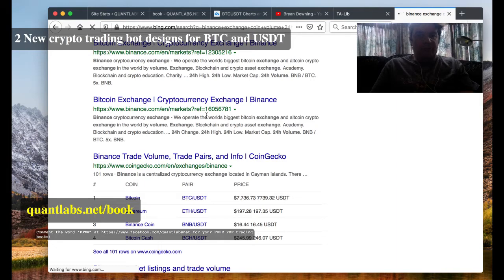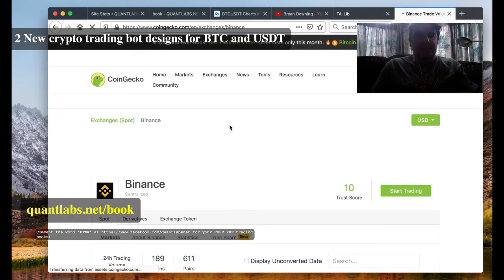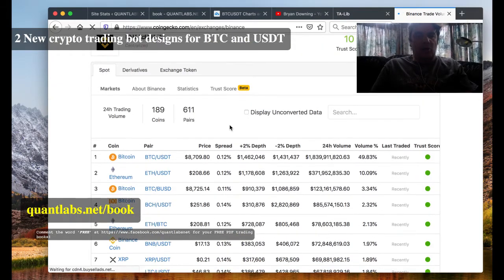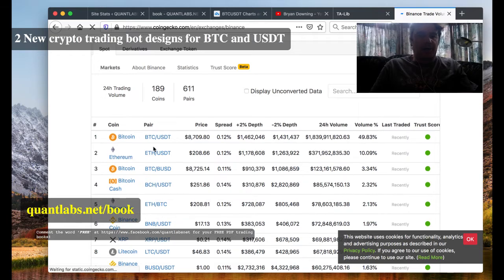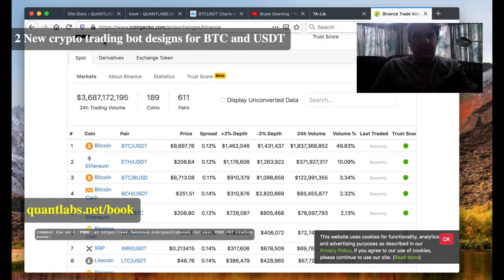Really important to notice this because it bounces around a lot. Over the last number of days, I've been tracking this. Usually what you'll find is the coins or pairs that are trading by volume, and you can get that here on the 24-hour volume. Obviously, Bitcoin is the leader.